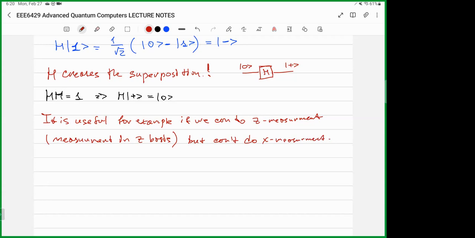So we first apply the Hadamard gate on the state. It transforms the state to the z basis, and then we do the measurement in the z basis.